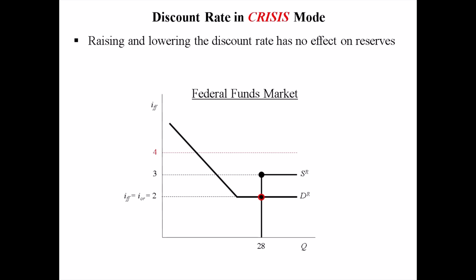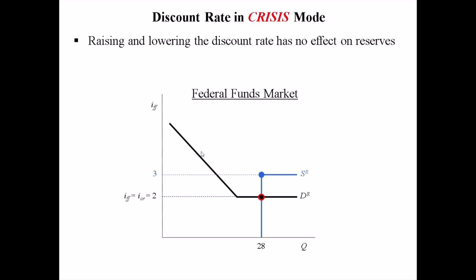When the Fed announces a new discount rate and doesn't do anything else, assuming the demand curve is not bouncing around too much, the quantity of reserves in this market will stay about the same, 28 billion, theoretically, right? If the Fed then lowers the discount rate, theoretically, it's not going to change the quantity of reserves.